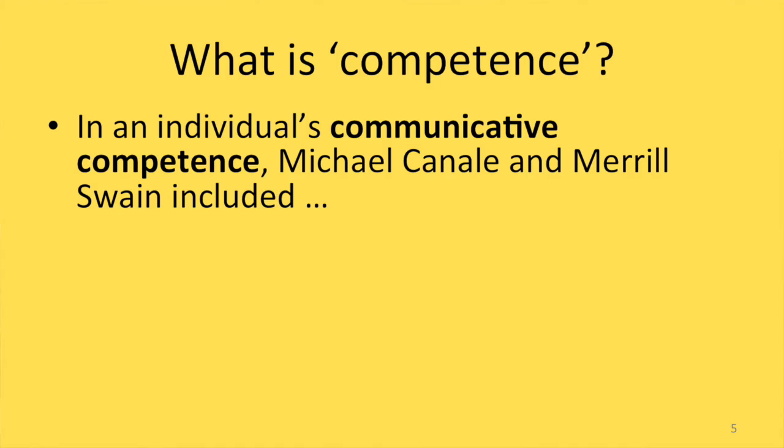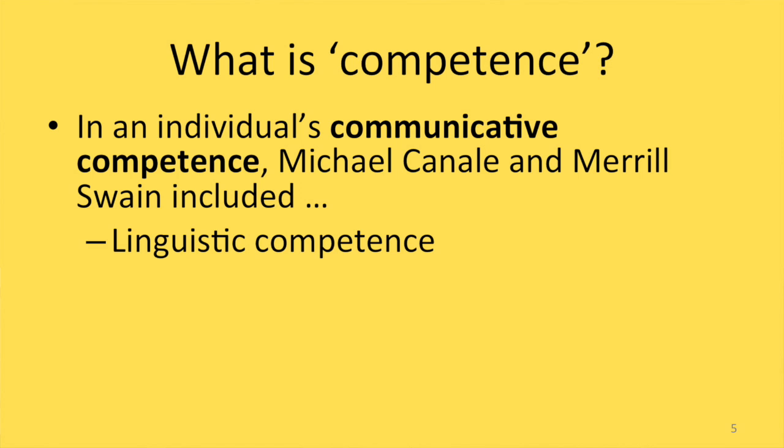Canale and Swain borrowed Hymes's idea and said, okay, in language learning, we also have communicative competence. And in order to understand communicative competence, they specified it as linguistic competence, which is basically what Chomsky was talking about. Discourse competence, that is how you string sentences together to form conversations, or how you form text and paragraphs in writing.